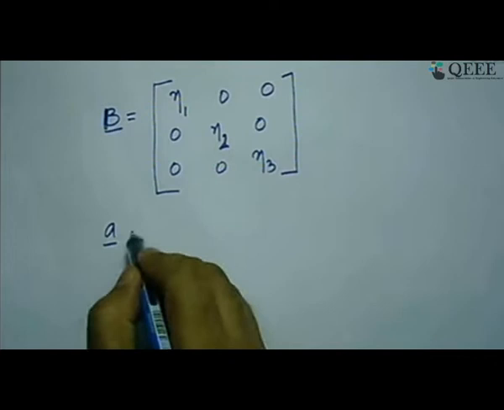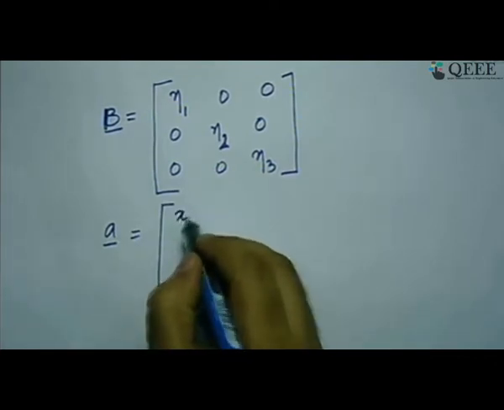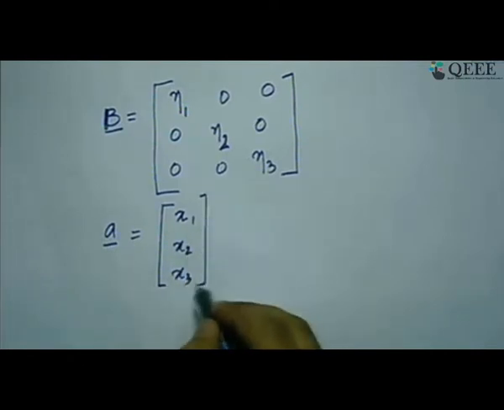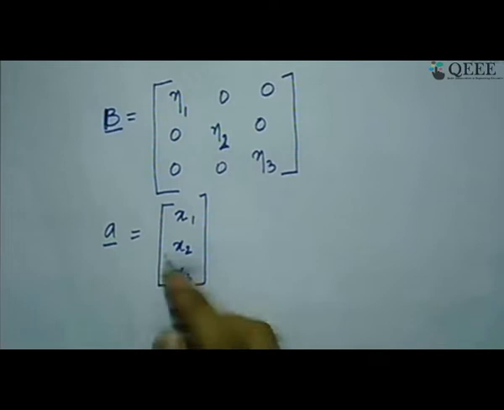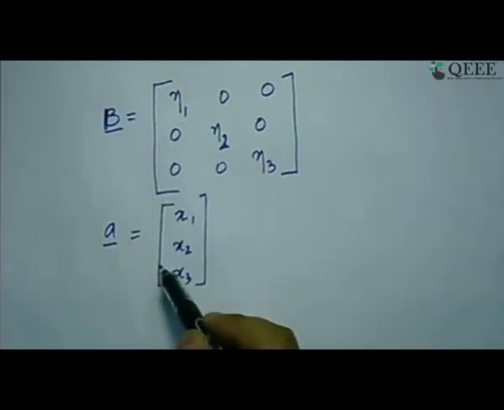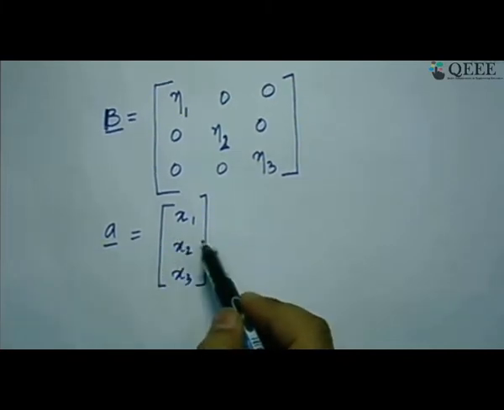Now let me consider an arbitrary vector A. Let me say that its components are x1, x2, x3. Now what I want to show is that the B matrix acting on the A vector leaves it rotated but unchanged in magnitude.